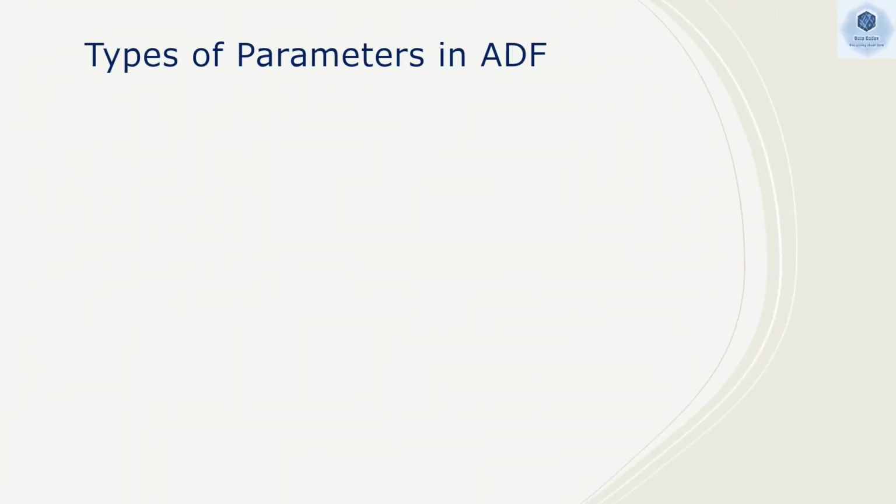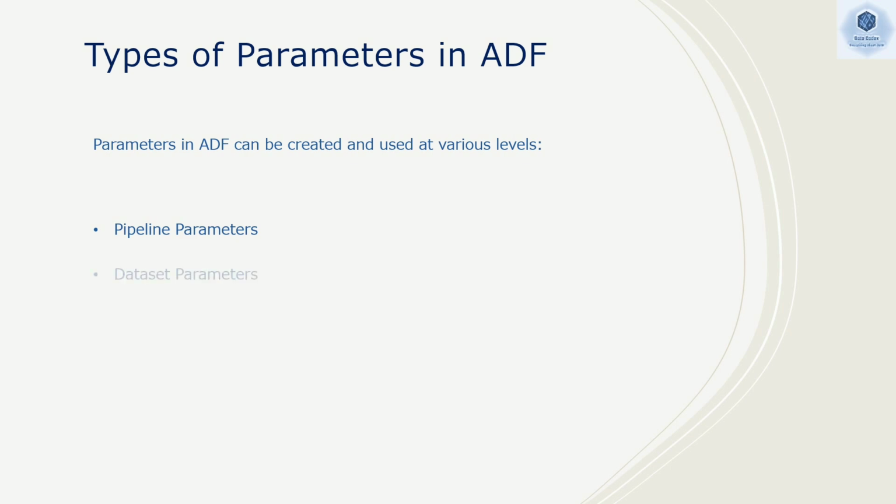So let us see what types of parameters are available in Azure Data Factory. There are three major parameters available: the pipeline parameter, the dataset parameter, and the linked service parameter. The hierarchy falls from the bottom to the top.